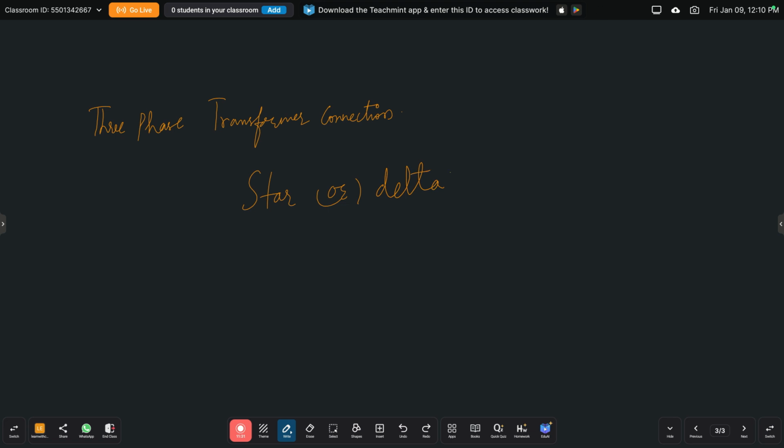In either of these configurations, there will be a phase difference of 120 degrees between any two phases.